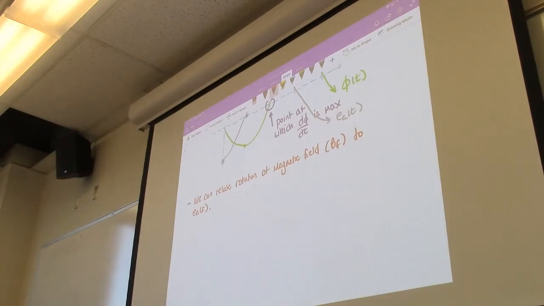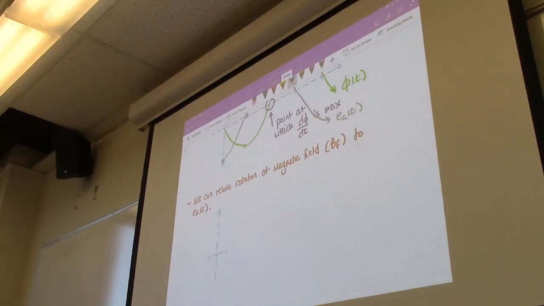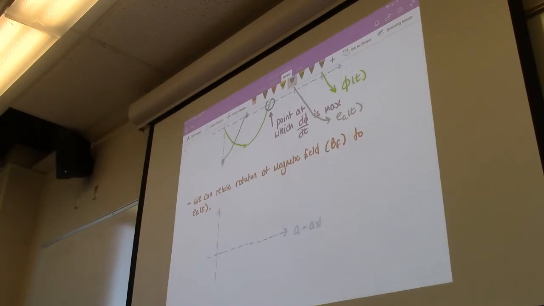So what we have is, if this horizontal axis is the A axis of the stator, and then what we have is a magnetic field, so this is BF, that is rotating this way at a speed of W synchronous, right?